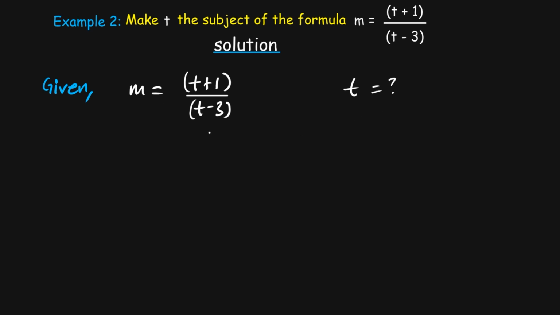From this, let's first get rid of this denominator. To do so, let's cross multiply. We have a silent 1, and on cross multiplication, we will have m into t minus 3, which equals 1 times this. We will remain with t plus 1.